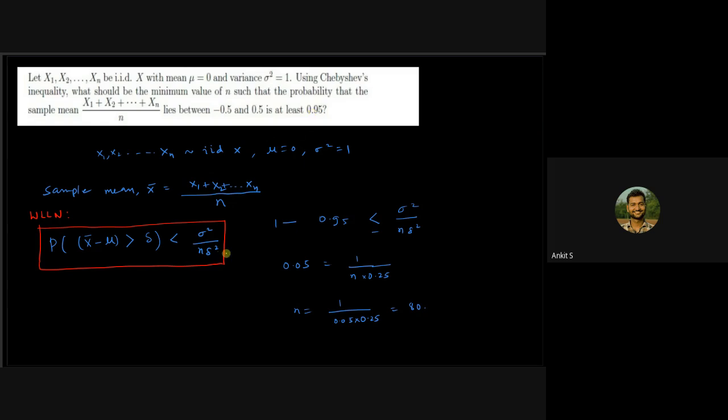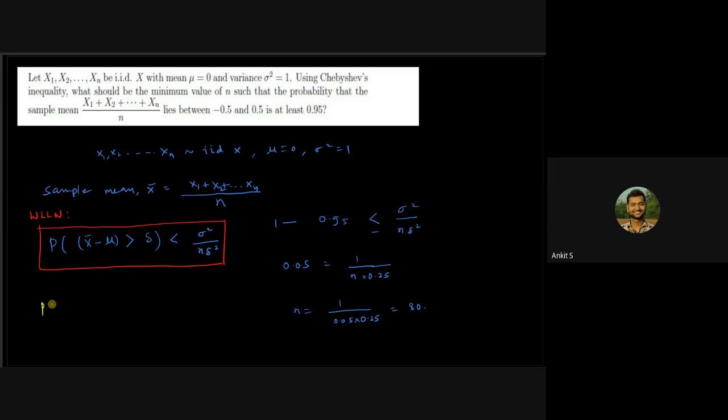Okay, so the main gist of this problem is to convert this in mathematical notation and then be able to use it. So it is saying that, we will just put it here: minimum value of n such that the probability that sample mean lies between this. Okay, so this is the upper bound version of the Chebyshev inequality or weak law of large numbers.